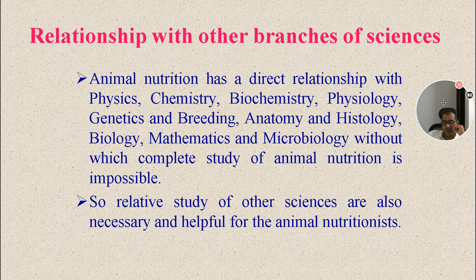Whereas the human nutritionists may tell about all these things, the veterinary scientists do require different other things. And animal nutrition has a direct relationship with chemistry, biology, physiology, genetics, and breeding.